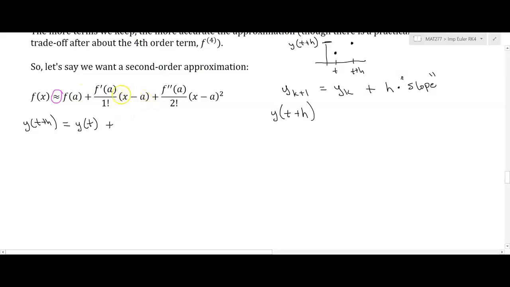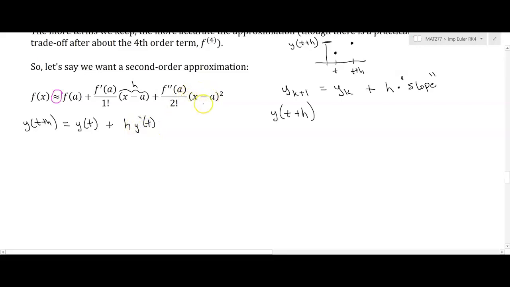But x minus a is going to be an accurate approximation if this quantity here is infinitesimally small, and we often call that h. So 1 factorial by definition is 1, so this will be h. x minus a, we're going to replace that right there with h. And a is our current value of t, so we'll write f prime of, sorry, not f prime, but y prime of t.